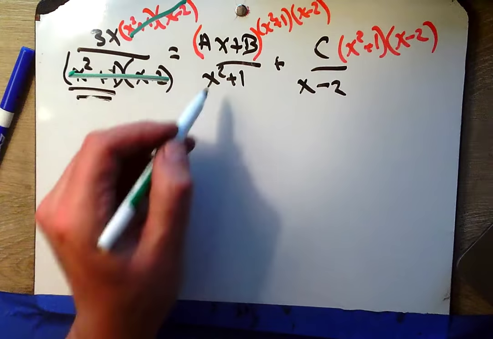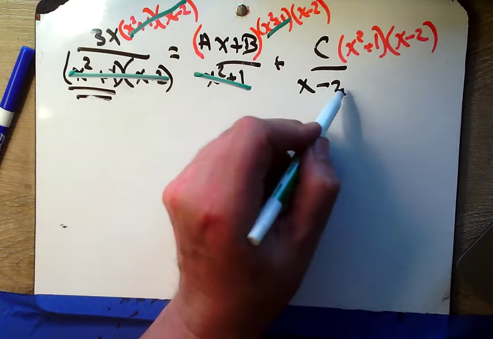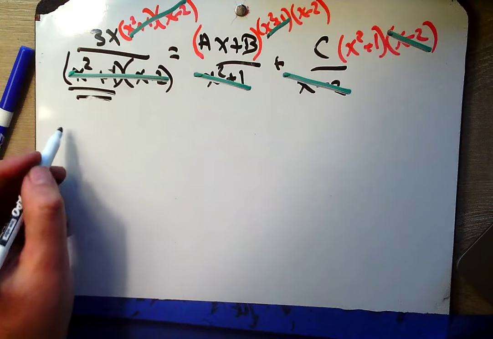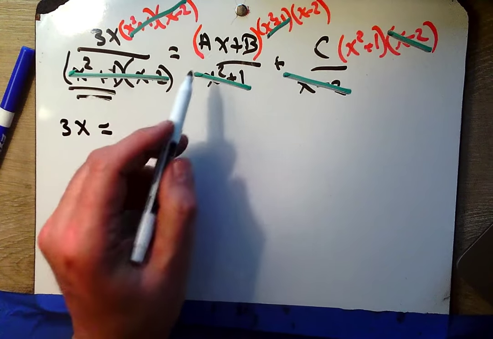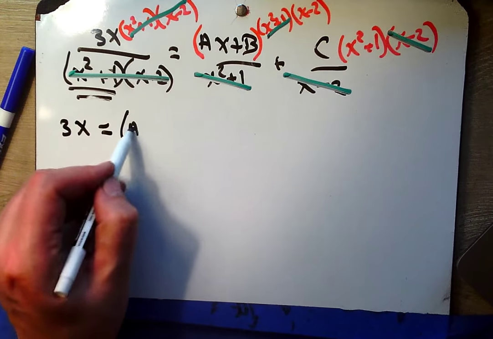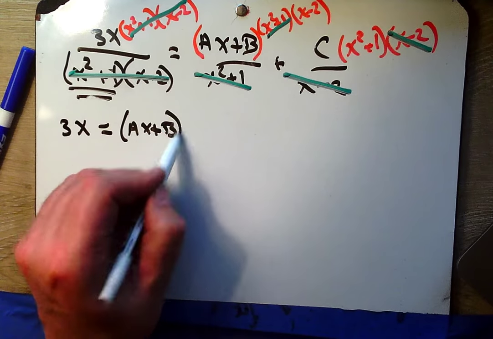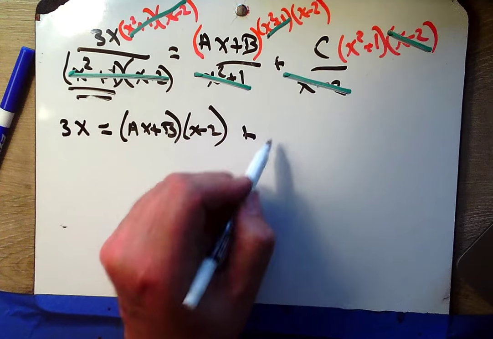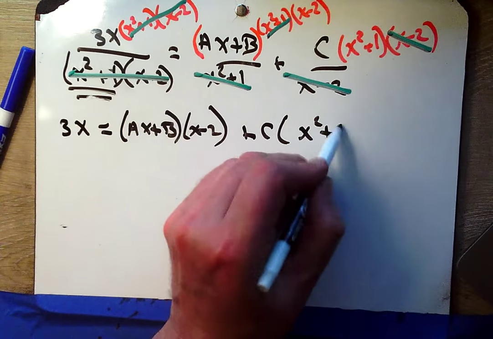That with that, that with that, that with that. And so what's left over is this 3x. I've got that Ax plus B times that x minus 2. And over here, we have C times x squared plus 1.